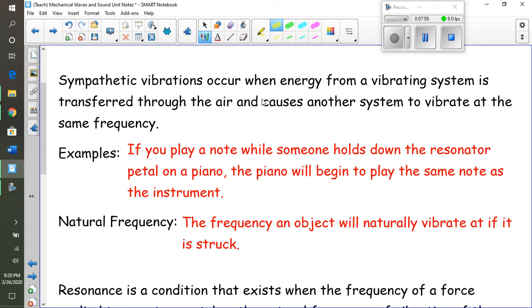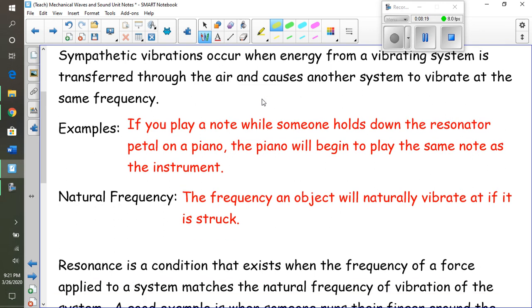So if you play a note and you have a string in the piano which has its own natural frequency, if you play the same note, the same frequency, the same pitch as the natural frequency, well, that string will begin to sympathetically vibrate because it is resonating at that same frequency.